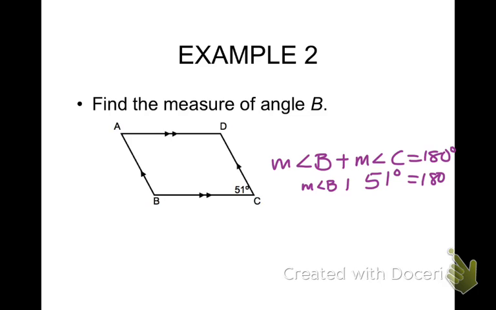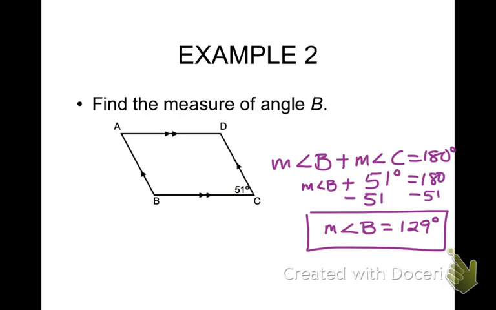So then how do we get rid of the 51? We subtract it. So the measure of angle B would be equal to 129 degrees. I know it's not asking for it, but what would be the measure of angle A? 51. And D then would be 129, right?